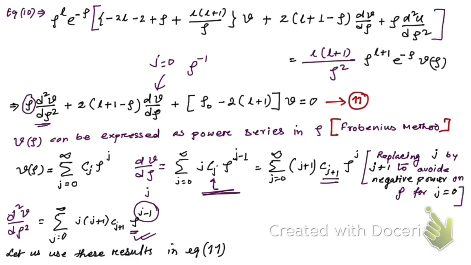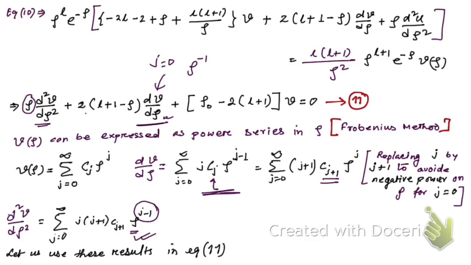That's why in this case we don't need to replace. But in this term there is no other rho here, so if we multiply here, we're going to get rho to the power j instead of j minus 1. Okay, so hope you have understood this.